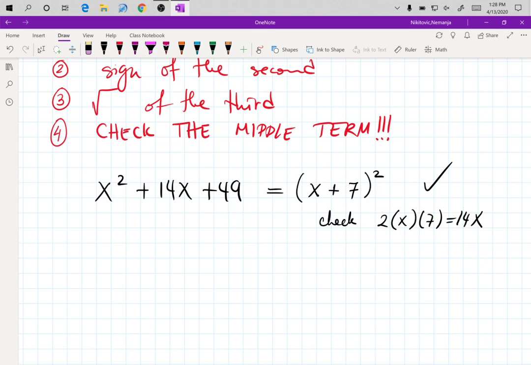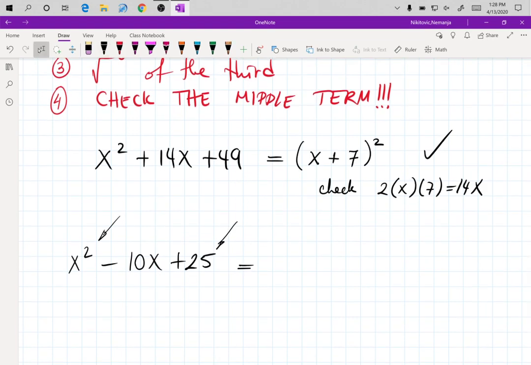Let's go and do more examples. Say you have x squared minus 10x plus 25. Okay, I have perfect squares. My suspicion is that this is going to be this type of factoring.